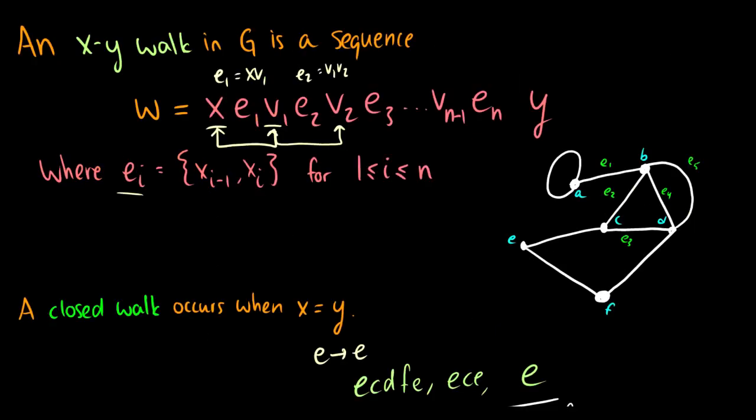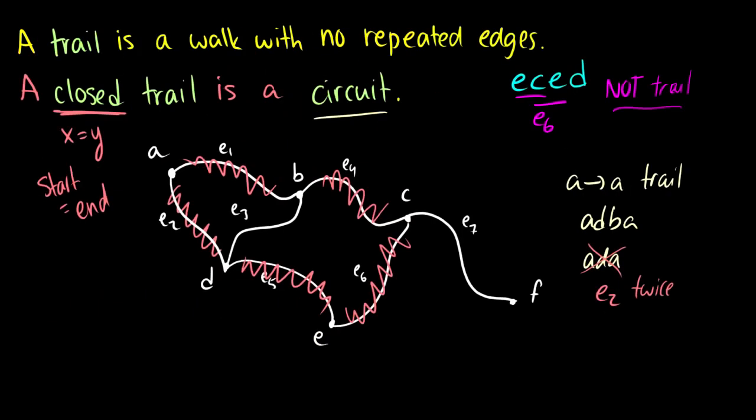A walk is a sequence of vertices and edges. A closed walk occurs when your start point and end point is the same vertex. A trail is a walk that has no repeated edges, and a circuit is a trail with no repeated edges where the start and end point are the same.